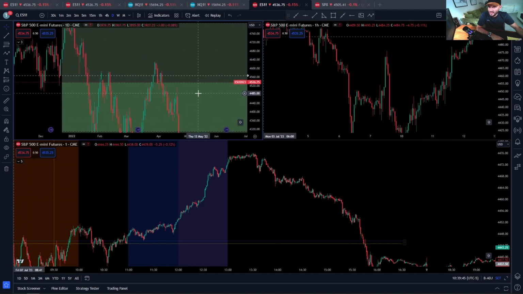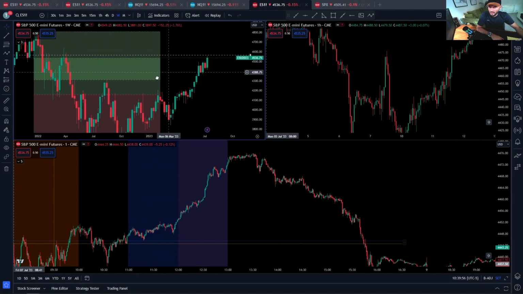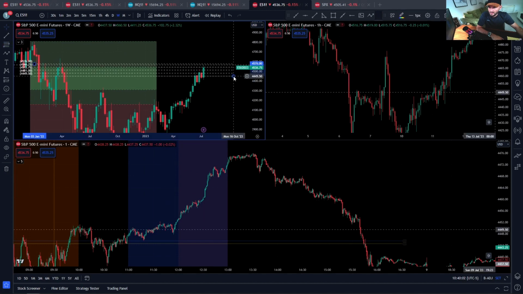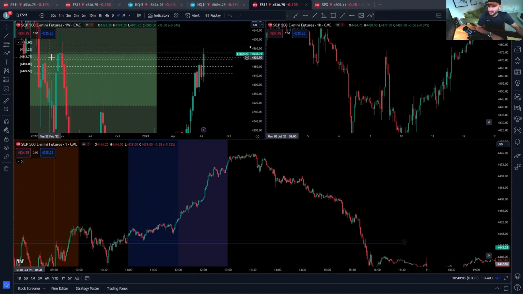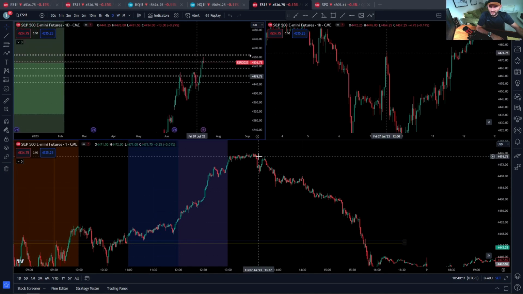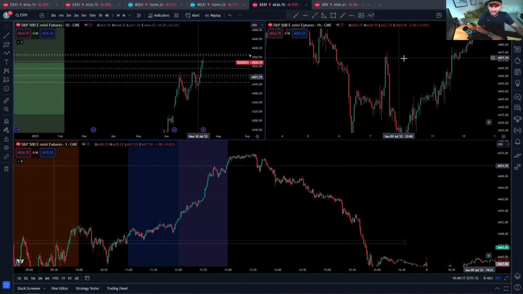If we just dial into the weekly chart very, very quickly, we were operating inside of this old SIBI, okay? And as we know, we can cut through candles. So we were operating inside this. So if we drop back down to the daily, if we look at this candle, it was going to the lower quad.